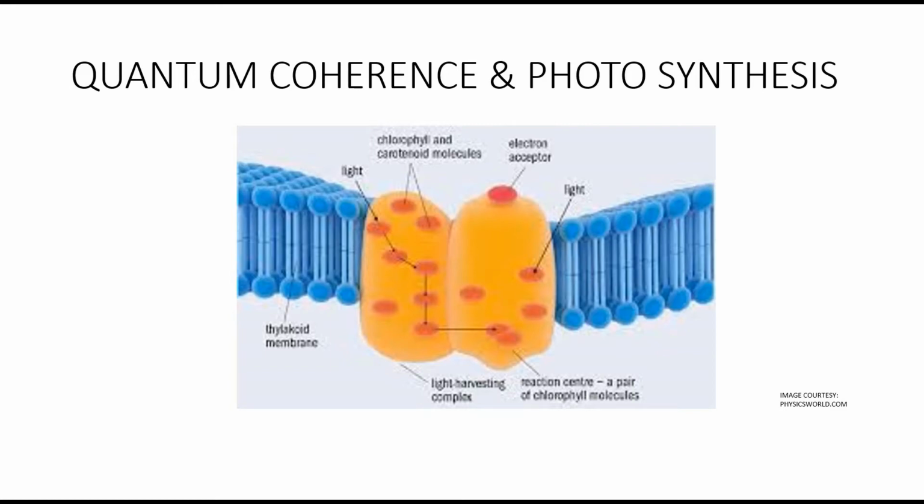The world of science was shocked when a paper was published about the experimental evidence for quantum coherence happening inside the bacteria during photosynthesis. Quantum coherence happens inside a living cell.